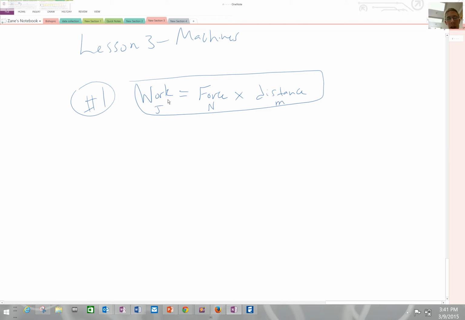Okay? Now, there's a couple requirements for work to happen. Work always must be done in the direction of the force. Okay? So me lifting a backpack to my shoulders is working because I'm pulling the backpack upwards and the backpack is moving upwards.